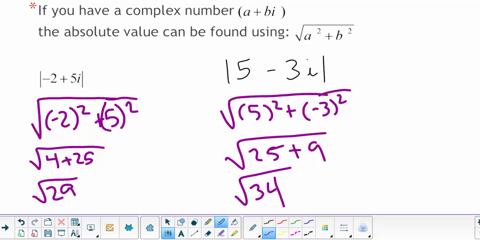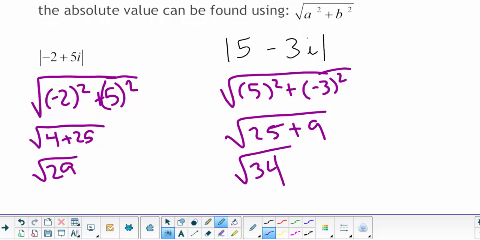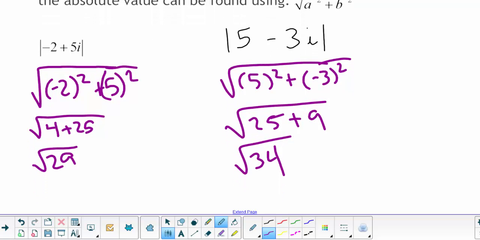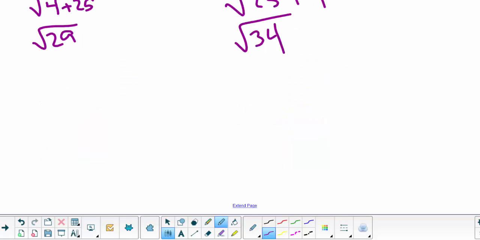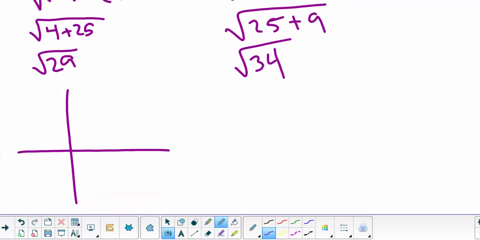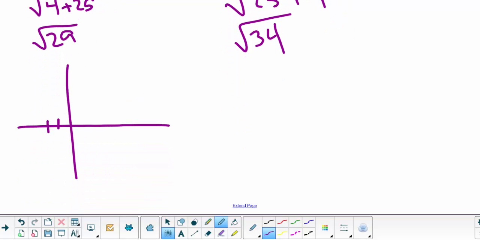All right, so now this is really just the Pythagorean theorem, because what we were doing here is finding the distance from 0, from the origin. So if we think about this graph here, it's -2 plus 5. So I go back 2 and I go up 1, 2, 3, 4, 5. There's our point.